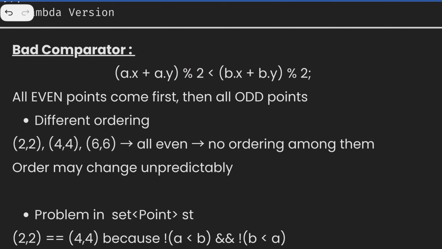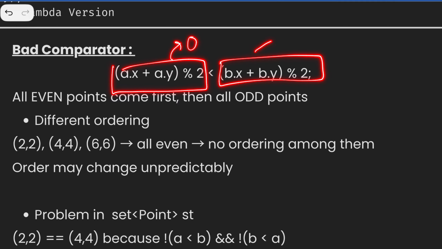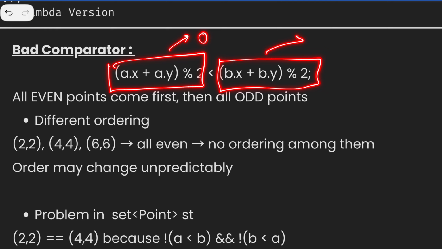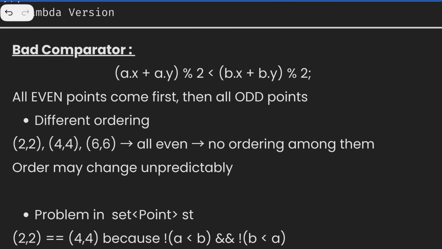That means the LHS should be 0 and the RHS should be 1. Mod 2 can take 0 and 1 only, right? And we have a strictly less than sign here. So it should be 0 and it should be 1. That means the sum of these two values should be even and the sum of these two values should be odd. That's what we have written. All even points come first and then odd points.